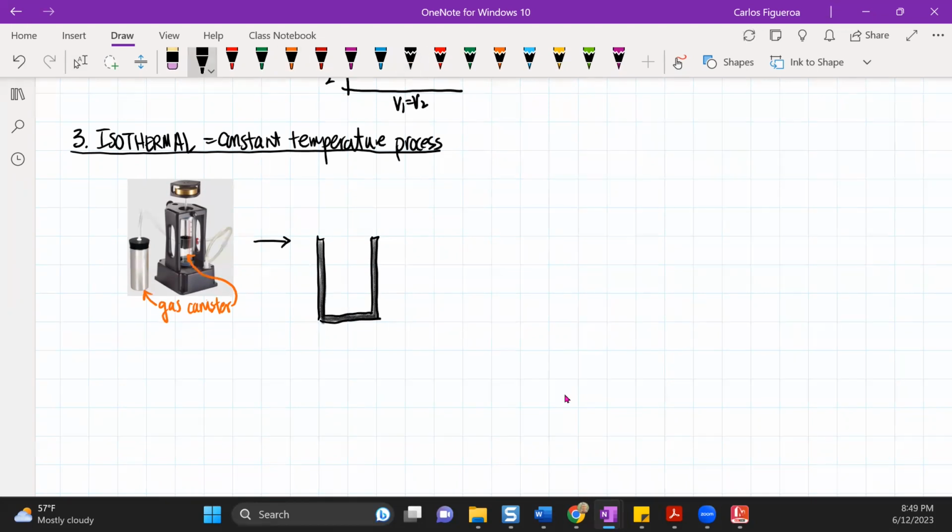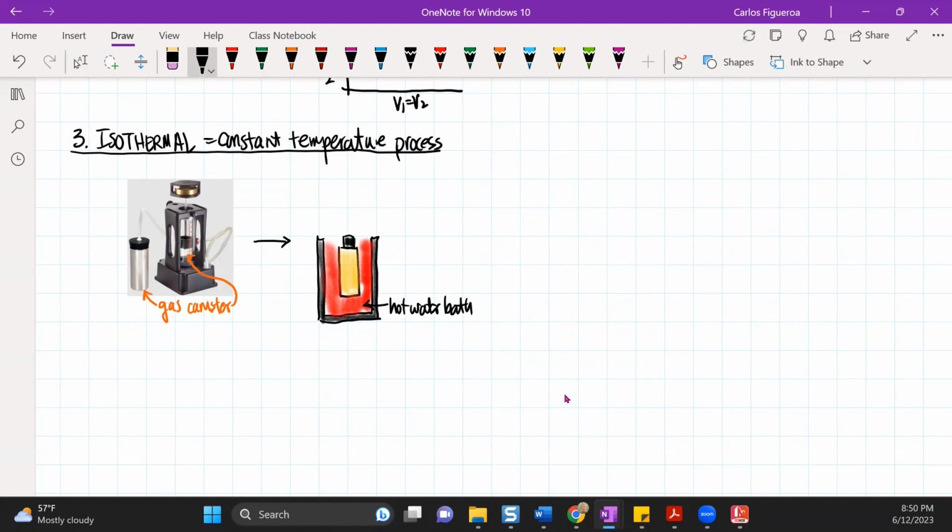So here's my canister, and you'll see there's a rubber stopper right at the canister. We're putting the gas into the canister, and in this situation this is a hot water bath. We'll change this a little bit later into a cold bath.